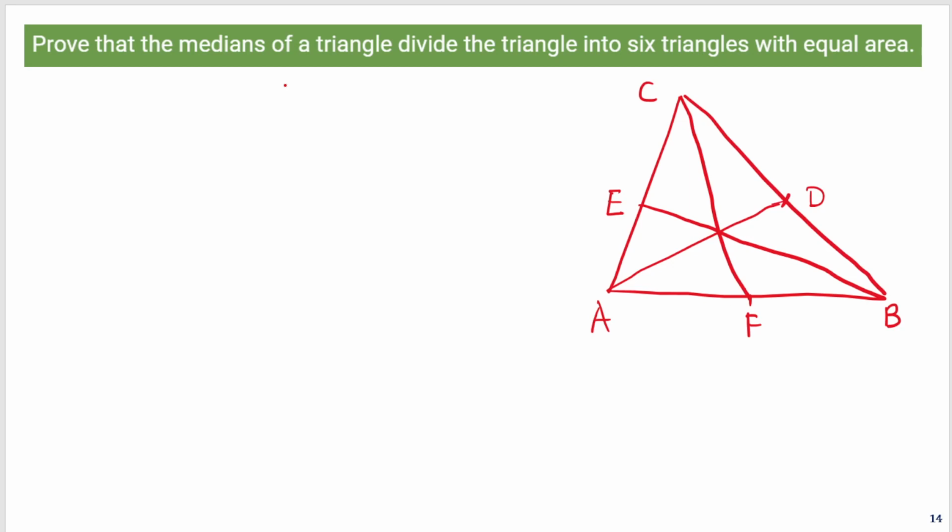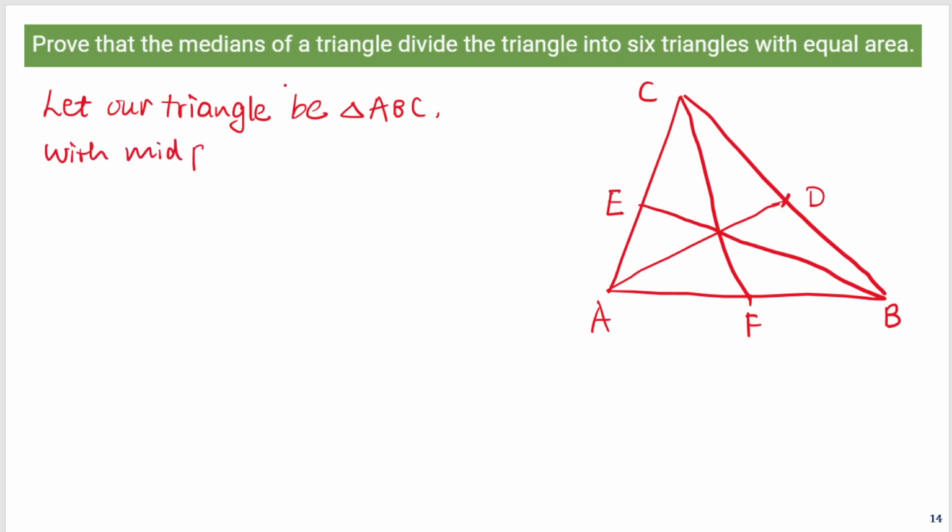So can you prove that the medians of a triangle can divide the triangle into 6 triangles with equal areas, which means this area equals this area equals this area equals this area equals this area equals this area. Any ideas?